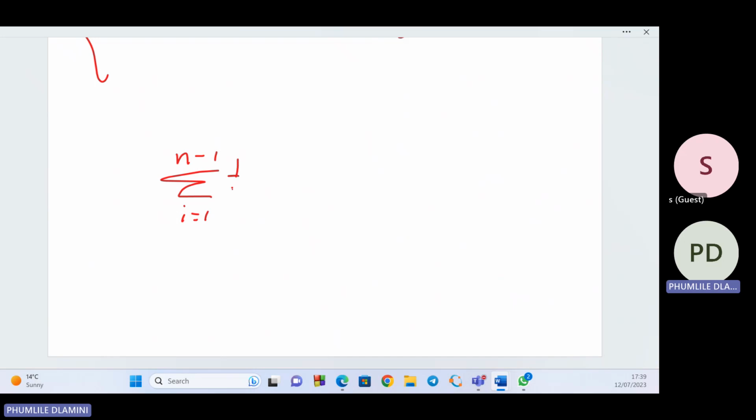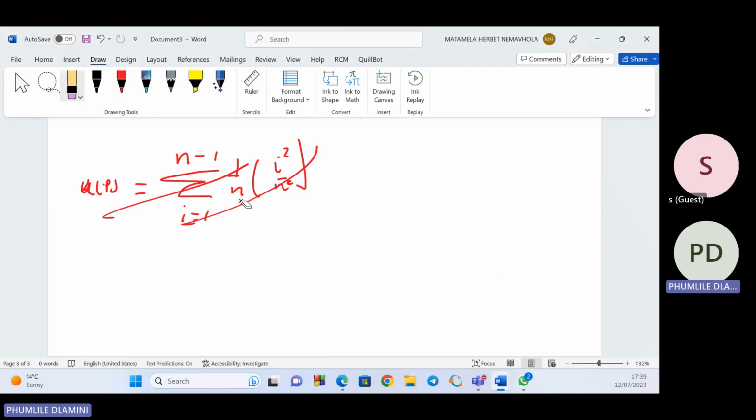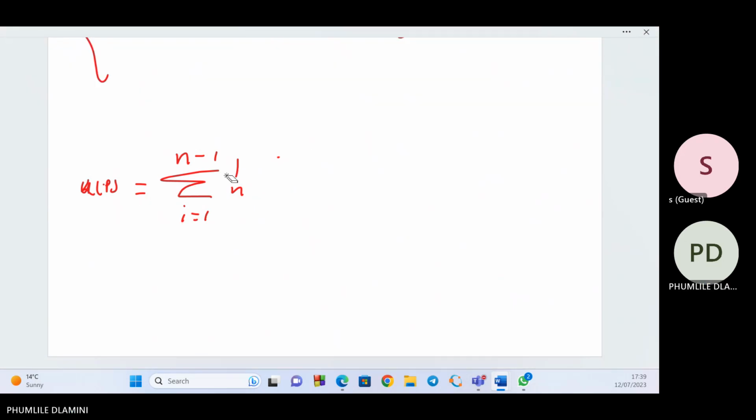Then when you substitute for f of x, for U of Pn, you will have to substitute i squared over n squared. You can prove that it's still going to give you the same answers, but don't use this method. Just use the one that I have just shown you.